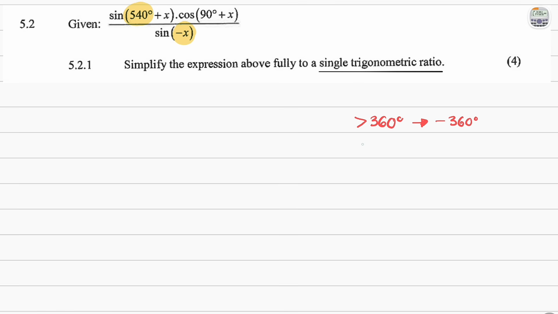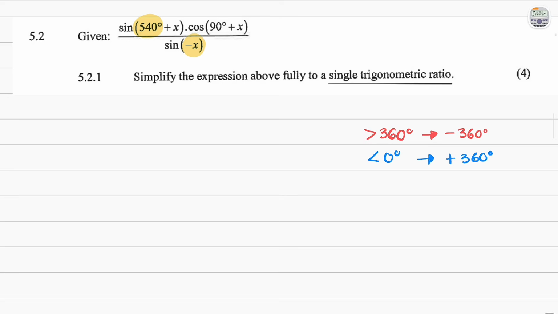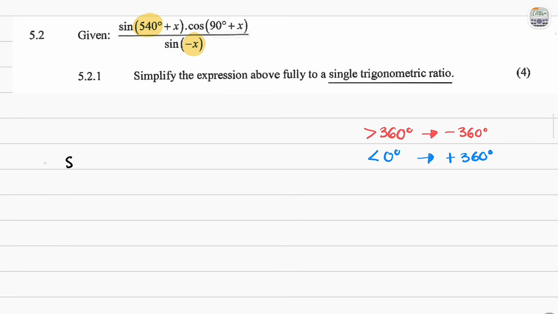And then if your angle is negative, okay, less than 0 degrees, what you're going to do is add 360 degrees to it. Okay, so this one is 540 degrees, which is already greater than 360 degrees, and then plus x. So we're going to minus 360 degrees from that. So with that, we're going to have sine, and then just say, then 540 degrees minus 360 degrees is 180 degrees, and then plus x.